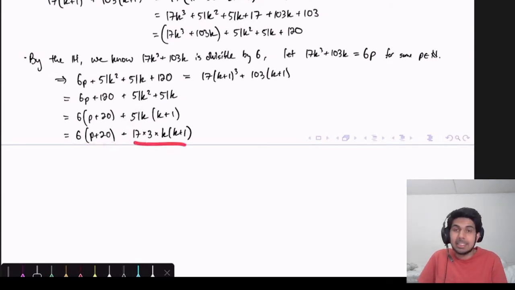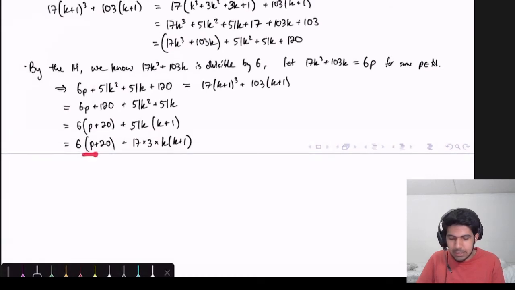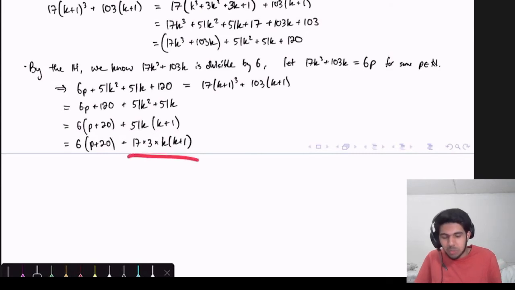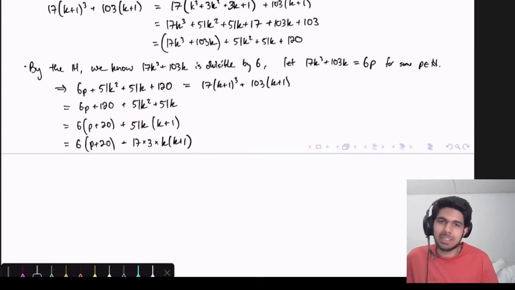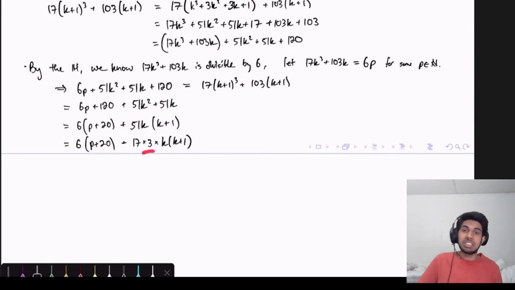If there was a 6 present on the second term, then we could just factor out a 6 from the entire thing and then have this equation be 6 times some massive term, but it doesn't matter what the massive term is because we just want it to be divisible by 6. So we just need a 6 to appear in the second term. We see a 3, that's pretty good. We're almost at 6.